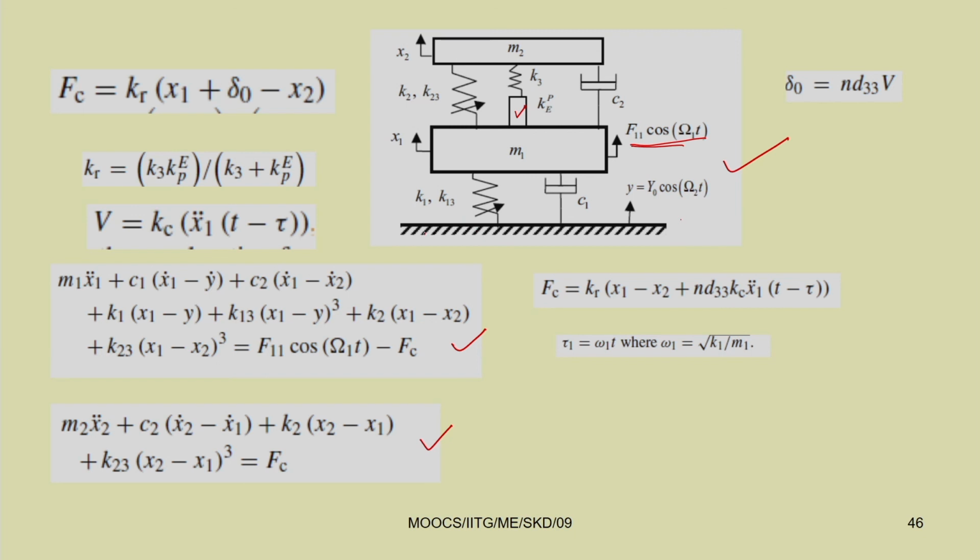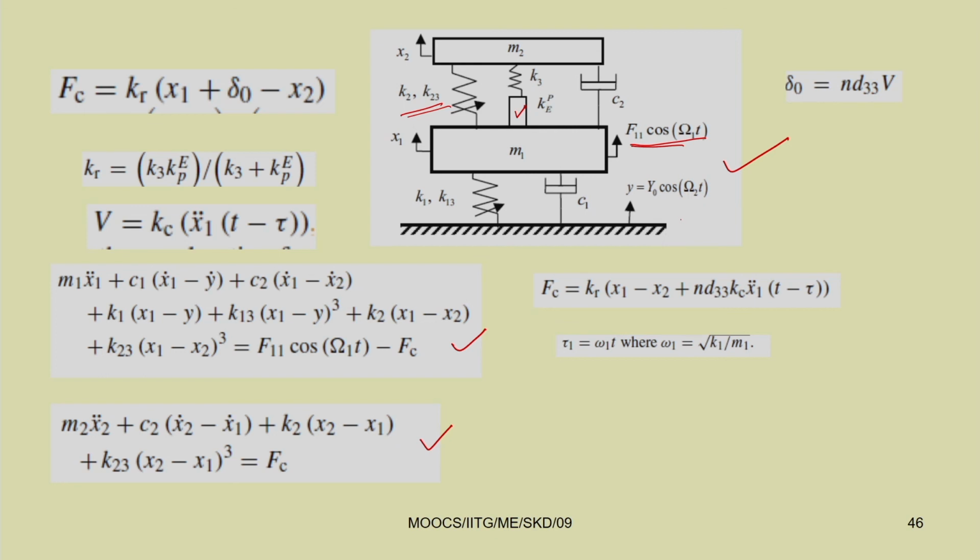The spring force will be k 1 into x 1 minus y 1 plus k 1 3 into x 1 minus y cube, since the relative displacement of the spring is x minus y. Similarly, here also we have a nonlinear spring. One can easily write down the equations of motion, which are nonlinear.